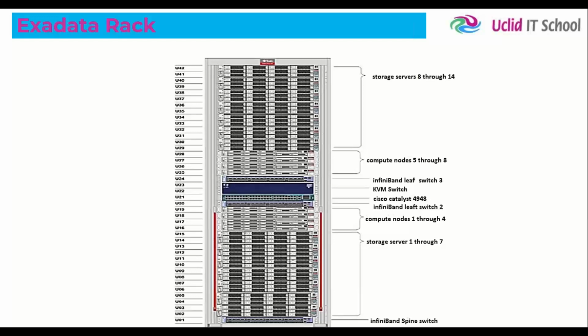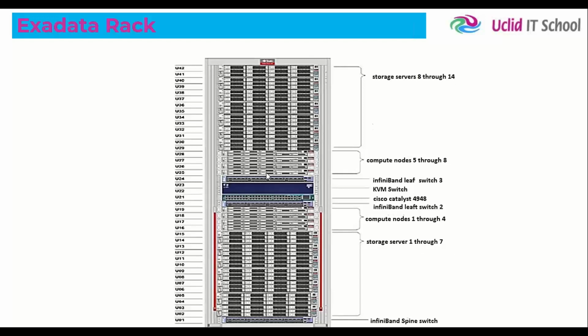So if you are lucky, maybe you might get a chance to see the Exadata rack and hug and kiss the Exadata rack and take a snap with it. In such a situation, you can understand, looking at the rack, what the components are, where those components are and all that, okay? Otherwise, you don't need to remember all these details.